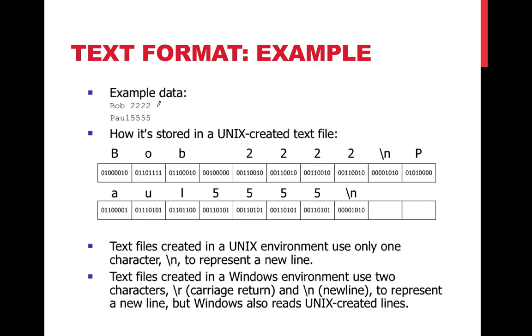And then since we have a new line here, there is a newline character, and then PAUL 5555, and at the end, the newline. So these are the text format data stored this way. Each character goes through mapping, in this case ASCII mapping, and the mapped values are stored in the file.